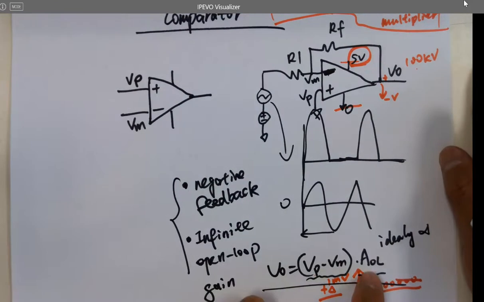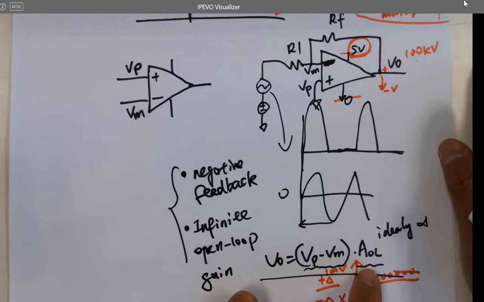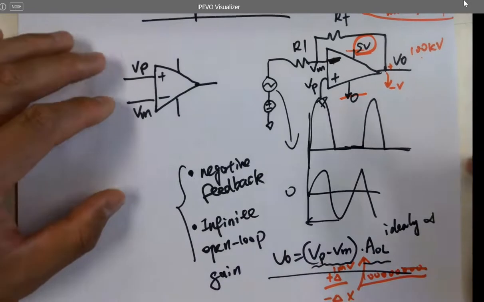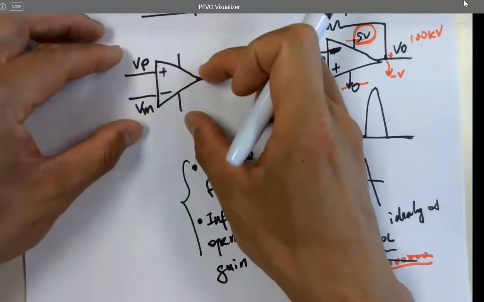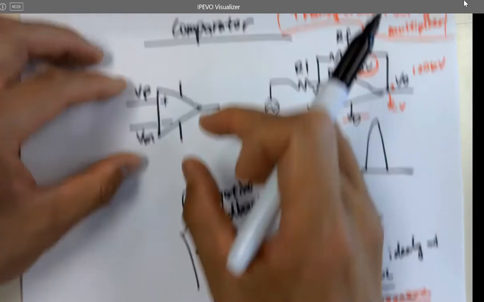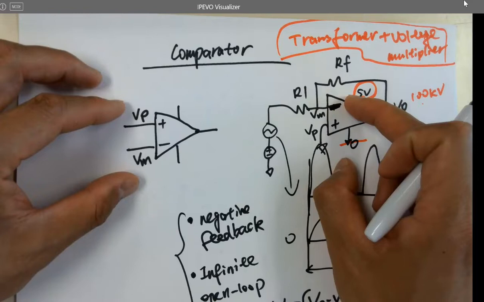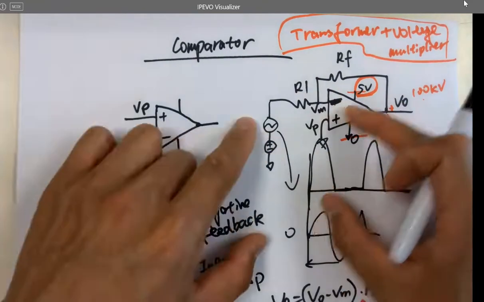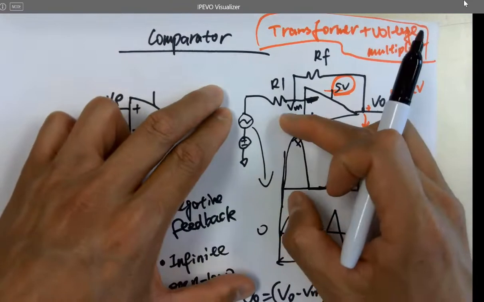Would you overcorrect without it? Because it's so large, would it be overcorrecting the VP and then you get stuck at the rail? So whenever you are using that open loop gain over here, you use it as a comparator instead of an amplifier. If you are using an amplifier, not all the time do you need to amplify the signal by 1,000,000 times.